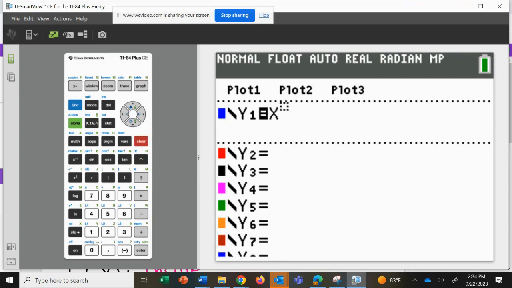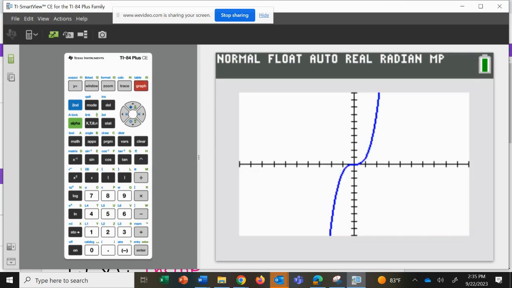To get the caret, the little exponent, you have to hit the caret button, which is red right now. It's underneath clear. And then after that, you just type in a 3. Once you hit graph, you should see it.